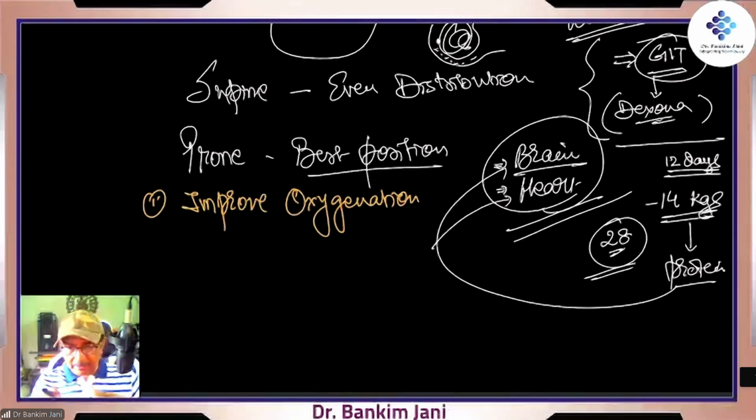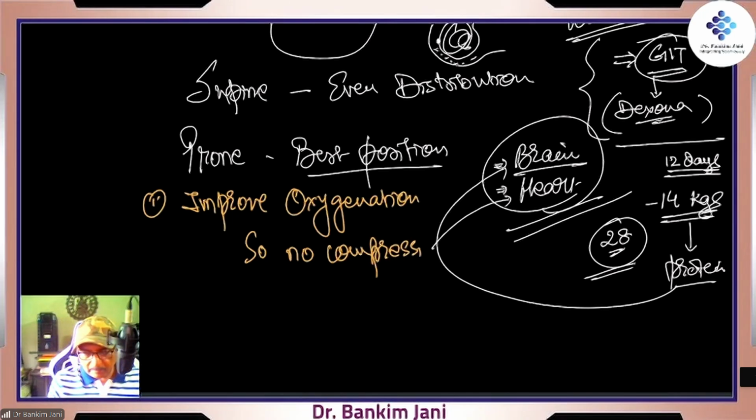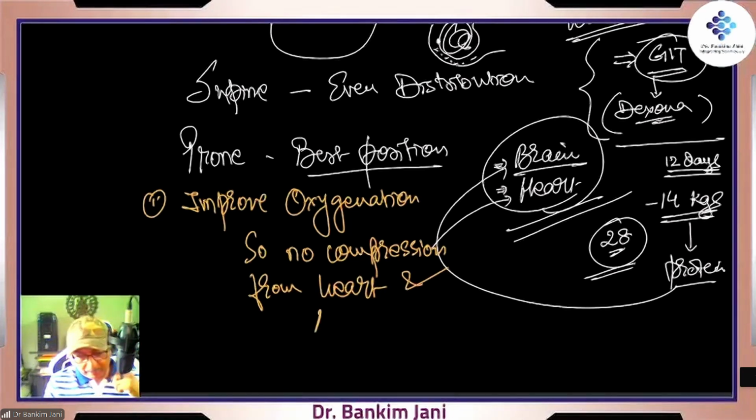Plus the heart is there, so the load of the heart on the lungs compresses them. When the person is ulta, prone, the heart is now down, so no compression from heart.